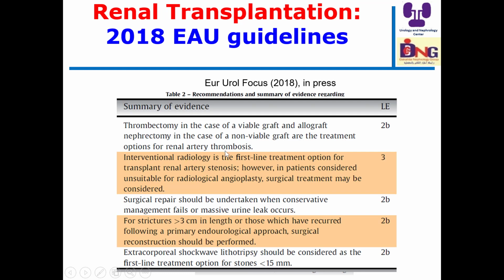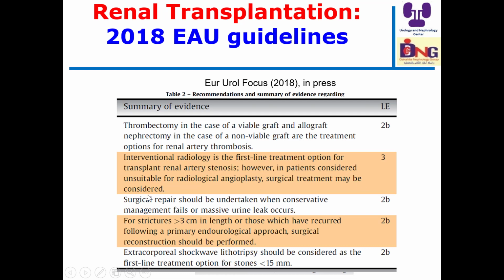And the secret of success of salvaging grafts after artery thrombosis is early detection. So we should be vigilant in our care of our patients. Interventional radiology is the first line treatment option for transplant renal artery stenosis. However, in patients considered unsuitable for radiological angioplasty, surgical treatment may be considered.